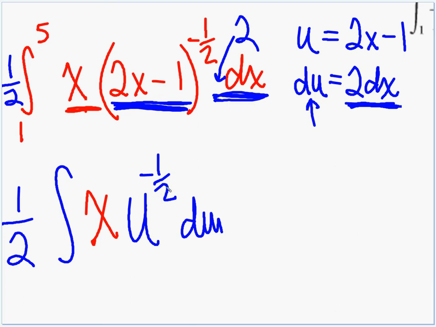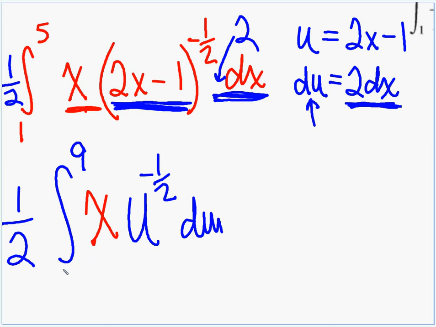If not, you'll never know because I will just delete this part of the video and re-record it. But again, let's put that 5 into our u. 2 times 5 is 10, minus 1 is 9, so maybe my new upper limit is 9. And if I put the 1 in there, 2 times 1 is 2, minus 1 is 1. So our lower limit didn't change, but our upper limit did.